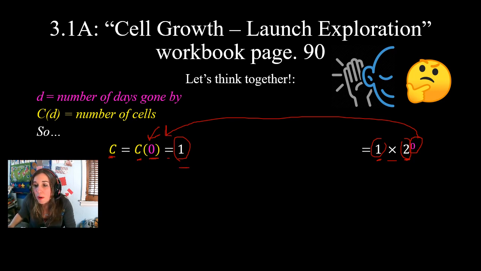Any number to the 0 power is 1. So this is just 1 times 2 to the 0, which is 1, and that gives us 1. That's what we wanted, right? We wanted 1 cell after 0 days have gone by.